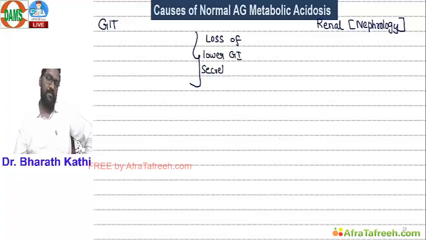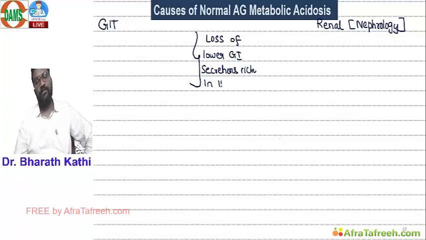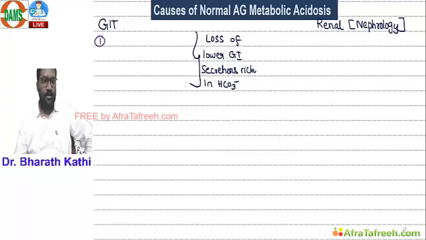In all of these, the ultimate event is loss of lower GI secretions rich in bicarbonate. What are the conditions? Diarrhea, you already know, loss of lower GI secretions rich in bicarbonate.